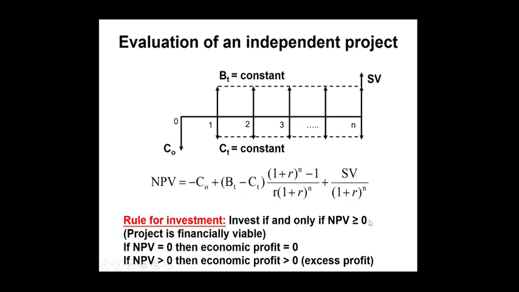If NPV is larger than 0, the project makes an interest rate larger than the minimum acceptable rate of return. Okay. When NPV is equal to 0, economic profit is equal to 0. That means the project makes a normal profit.